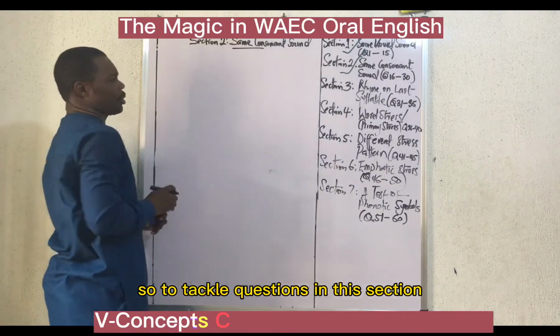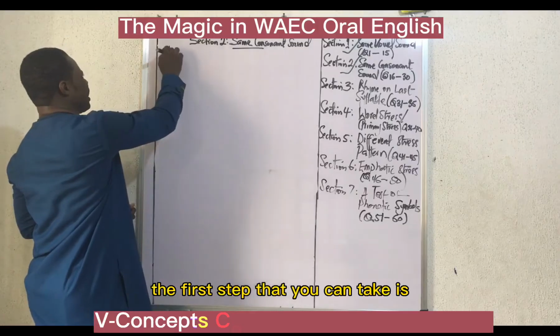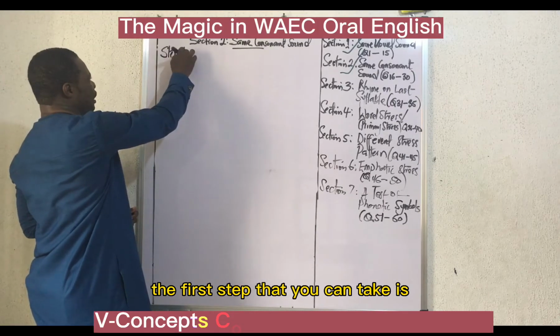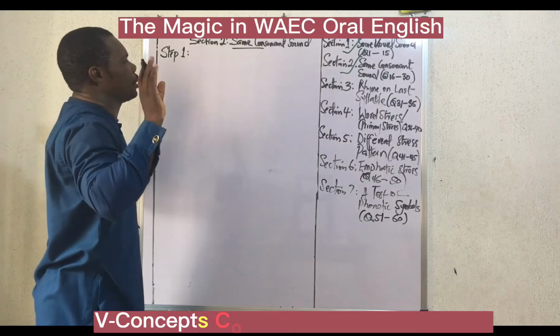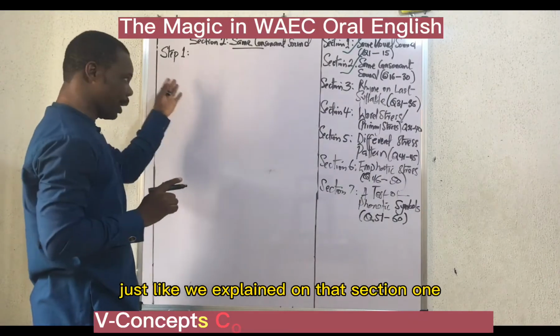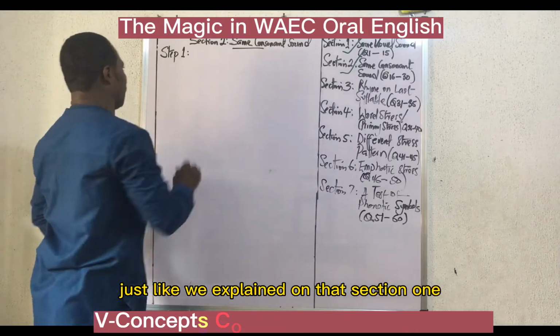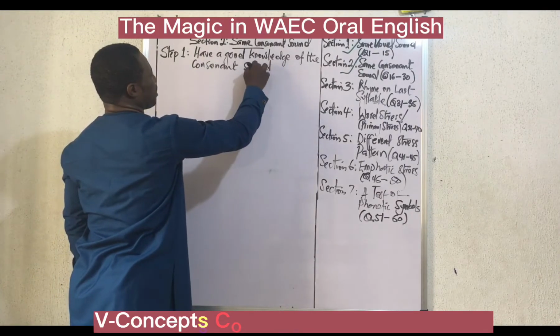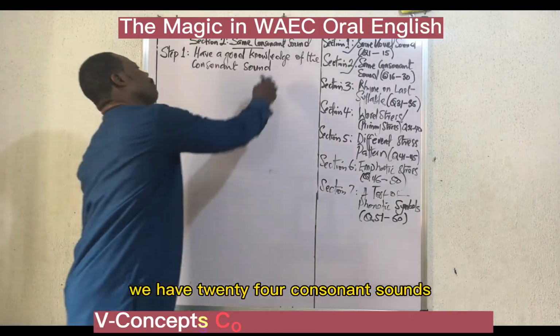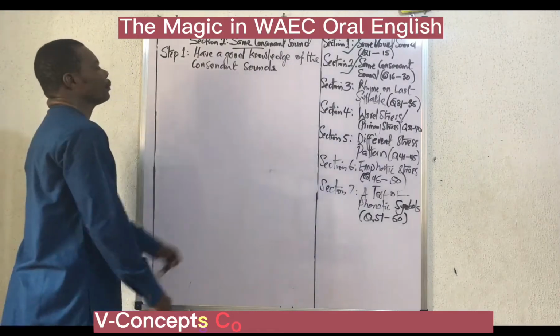So to tackle questions in this section, the first step that you can take is to have a good knowledge of the consonant sounds. That is step one, just like we explained under section 1. Have a good knowledge of the consonant sounds. Now recall that we have 24 consonant sounds.